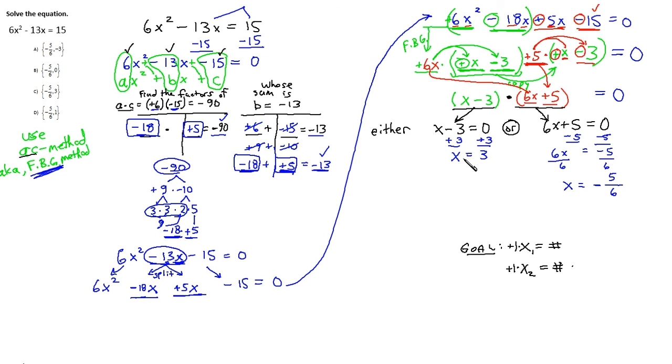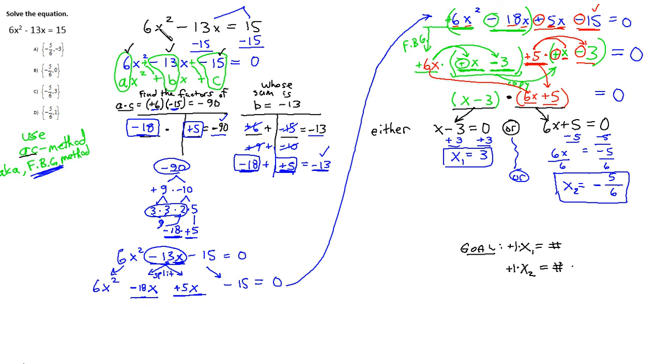Okay, what we're looking at here is x1 is 3. Or, here's that or running between these two equations, x, our second solution, could be negative 5/6. These can easily be checked in the original equation, one at a time.